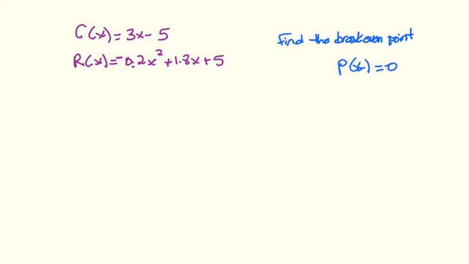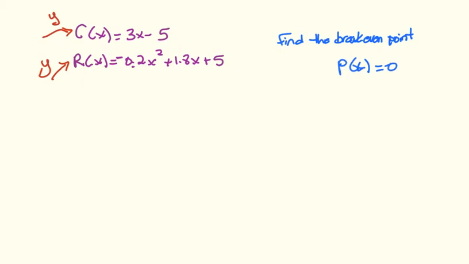Now, we knew that the profit is the revenue minus the cost. Another way of finding the break-even point is finding when the revenue is equal to the cost. So not that the profit is 0, but when this is equal to that, which is essentially what we do with solving a linear system, because remember, this is like y, and that's like y. So if you take this y and substitute it into this y, you're essentially solving a linear system.